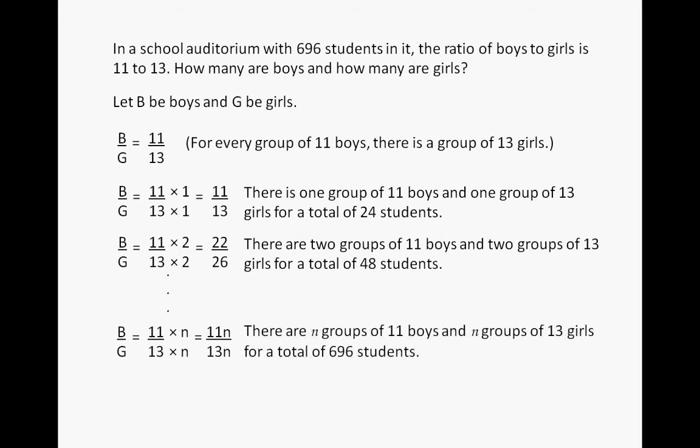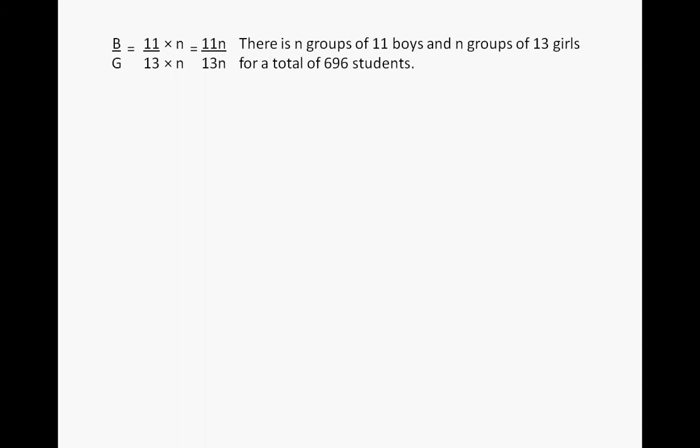So there are n groups of 11 boys and n groups of 13 girls, and if we relate this back to our school auditorium, we need to find what are the groups so that we have a total of 696 students. So let's take this and copy it to our next screen.